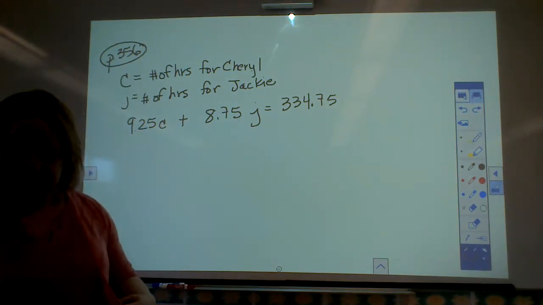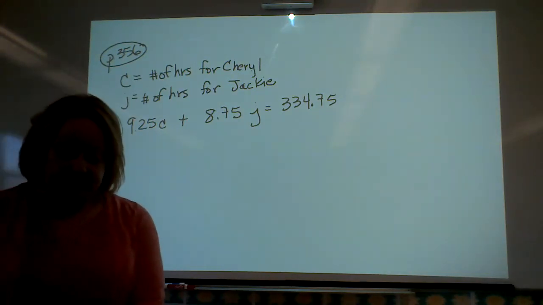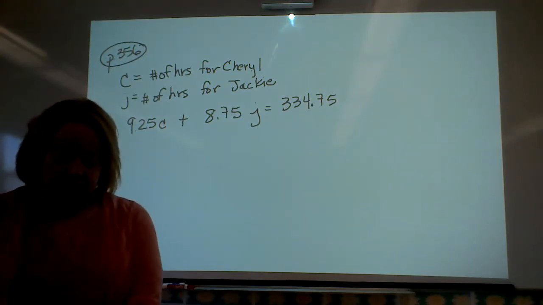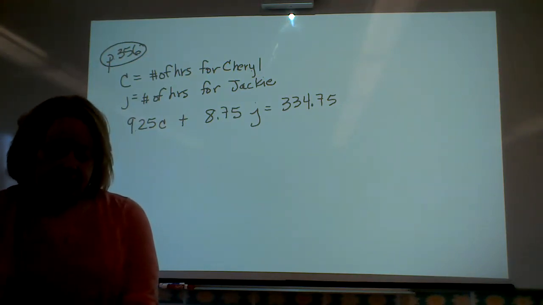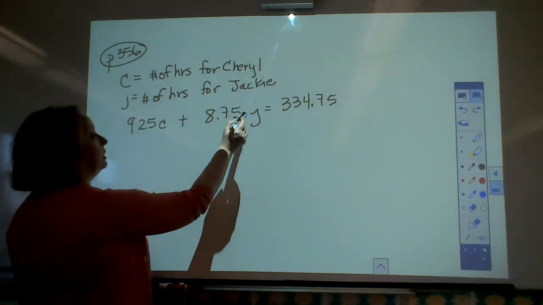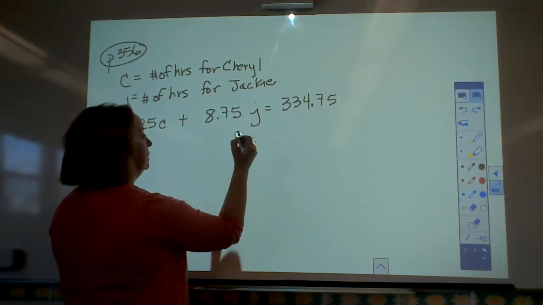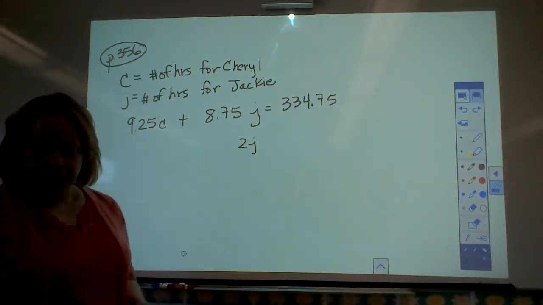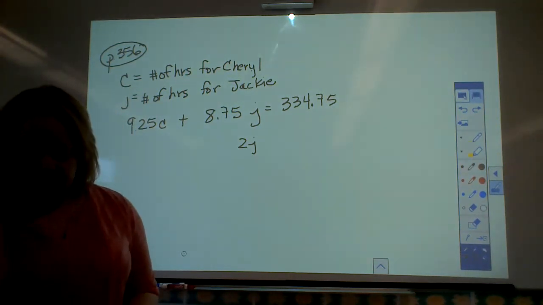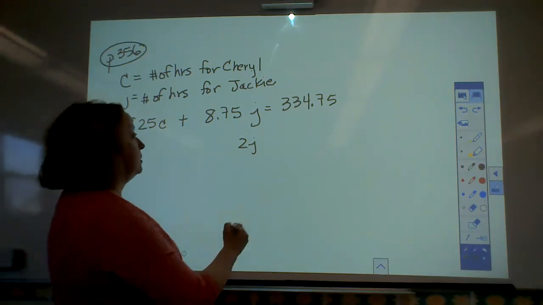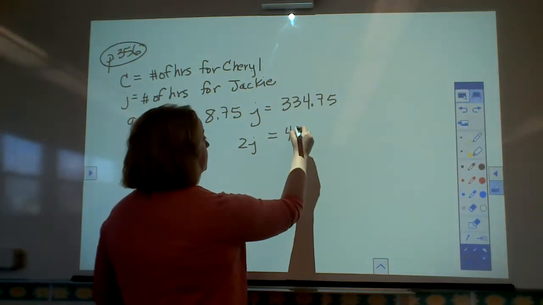So we just came up with what I call a money equation, how much they earn per hour. Next, we've got to take into consideration the next sentence. One week, just one week, Jackie doubles her work hours. So we're not going to have a J here anymore. We're going to have 2J because she doubled her time. And the girls earn $466.